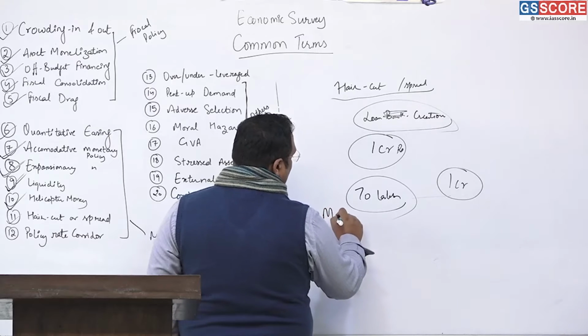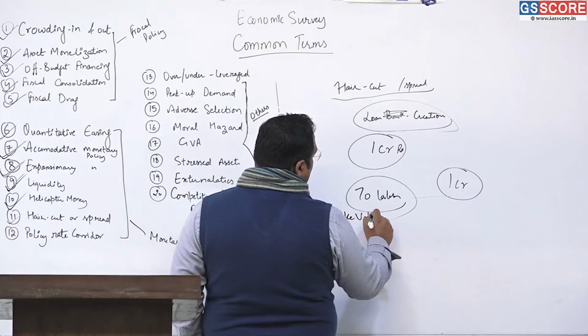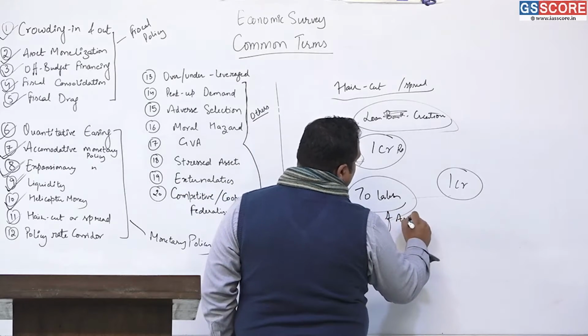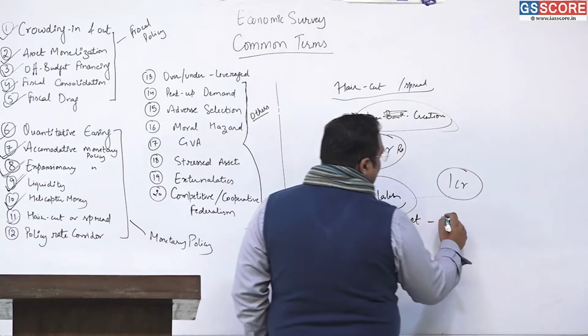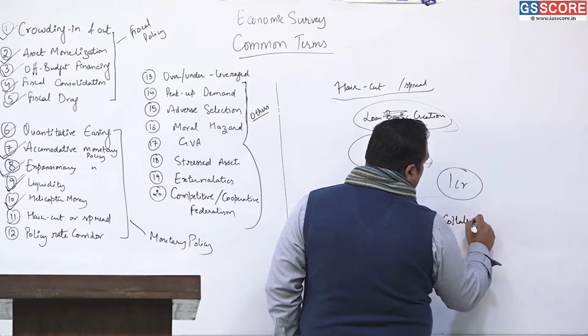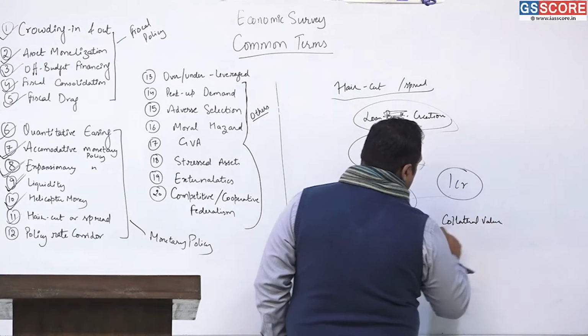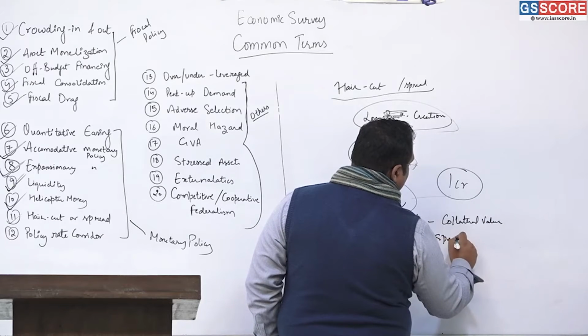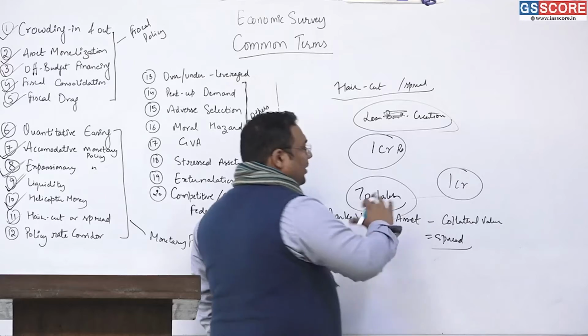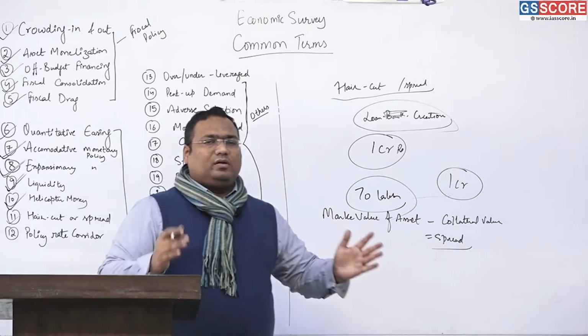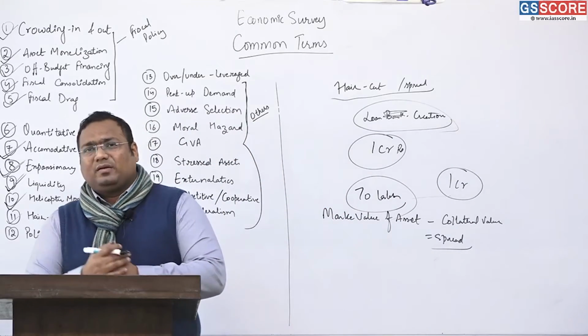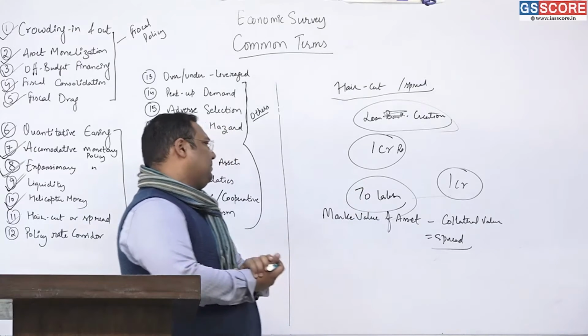Market value of asset minus its collateral value is called spread. It is the buffer of the risk for the bank, a buffer to cover the risk.